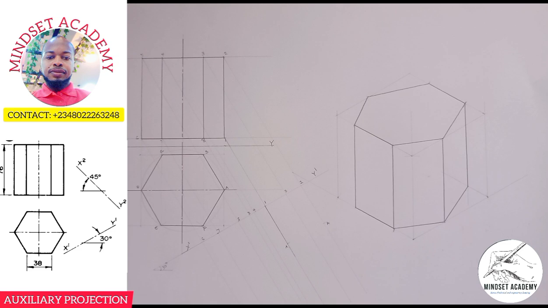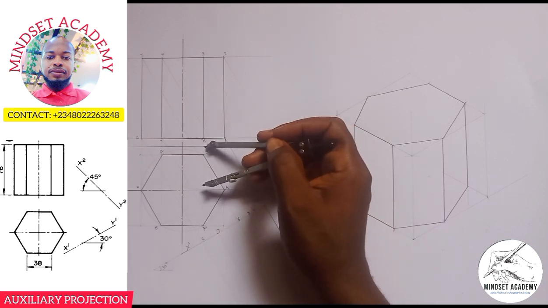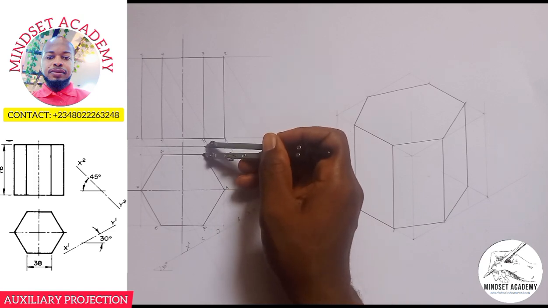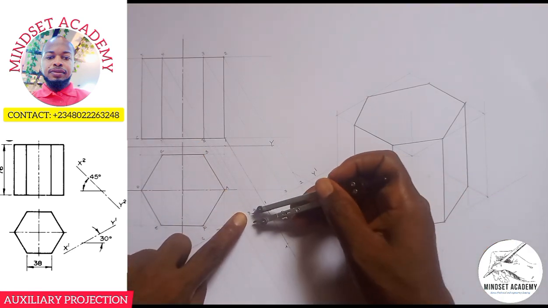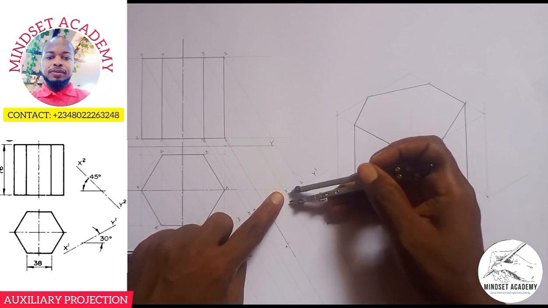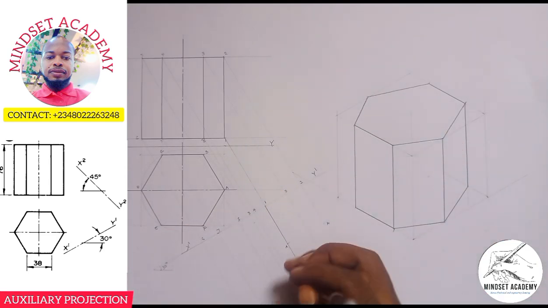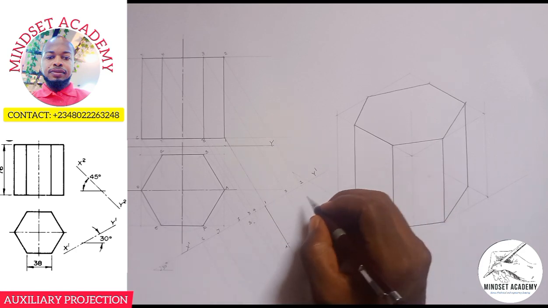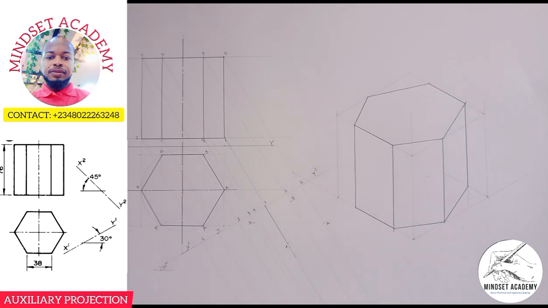Similarly, I'll come to the next one, from this reference point xy to B. Where will I get my B from? From points 8 and 3. I'll go to point 8, strike an arc, and go to point 3, strike another arc. So that is my point B. This point you see here is my point B, and here also is my point B. Can you see that?